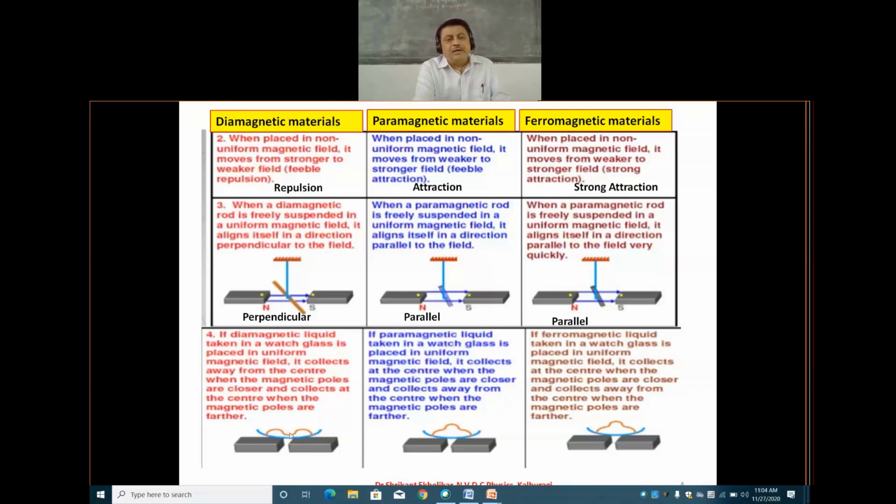And the main characteristic of diamagnetic properties is that their susceptibility is negative.